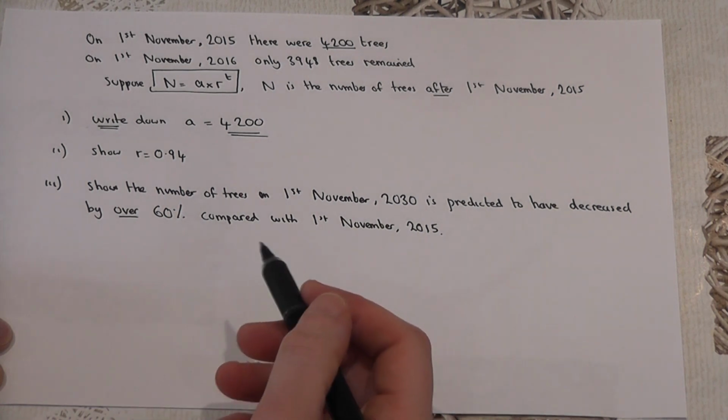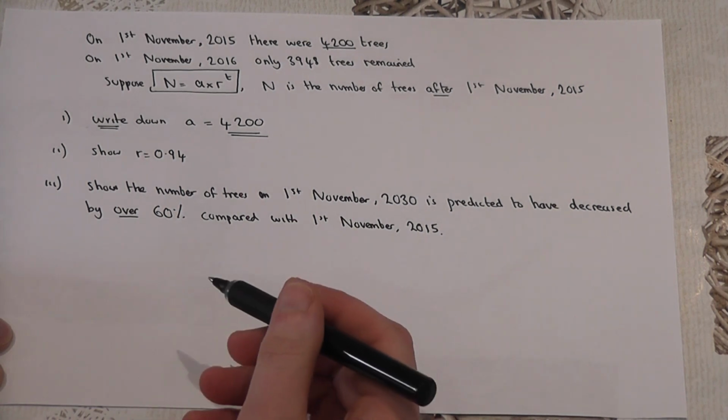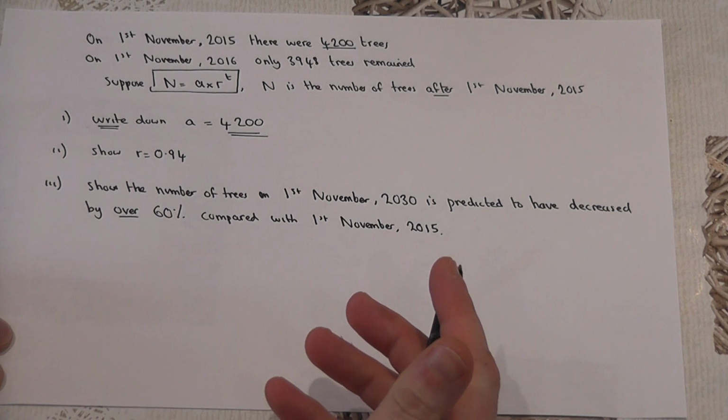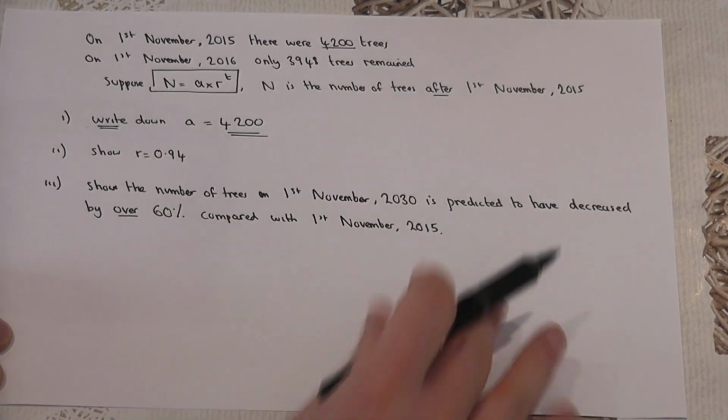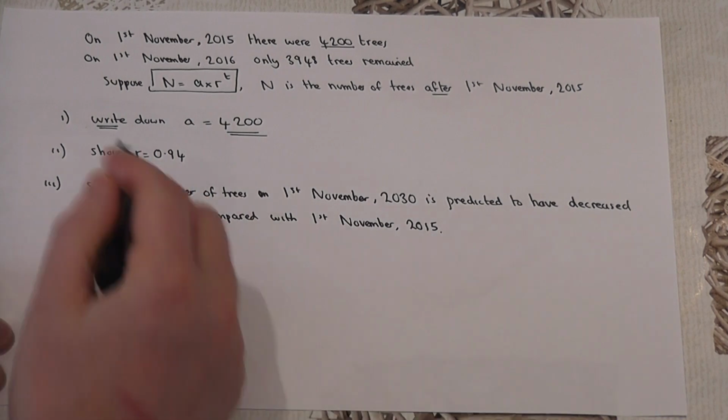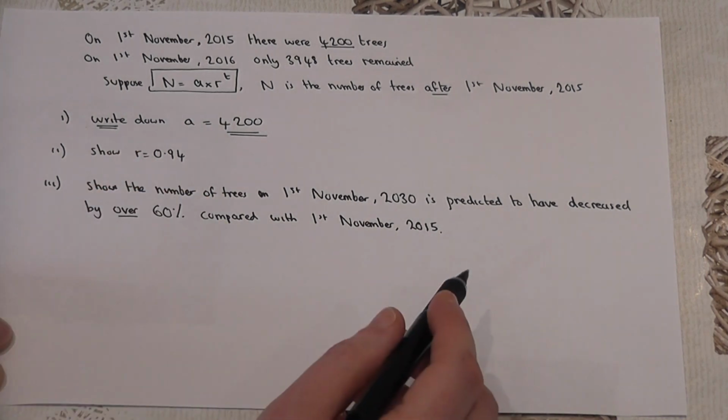Then year on year the number of trees are decreasing by a certain percentage. Now r describes this percentage change, and it says show that r equals 0.94.